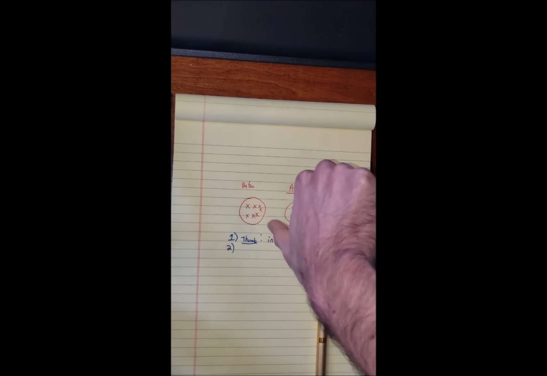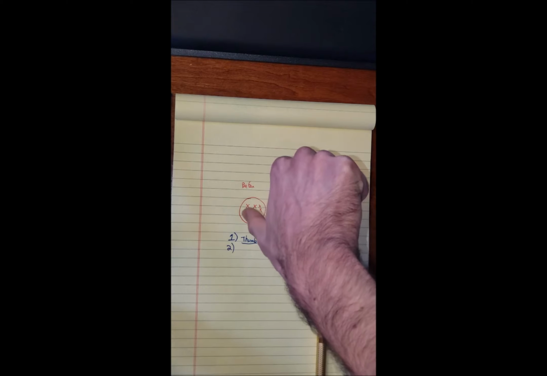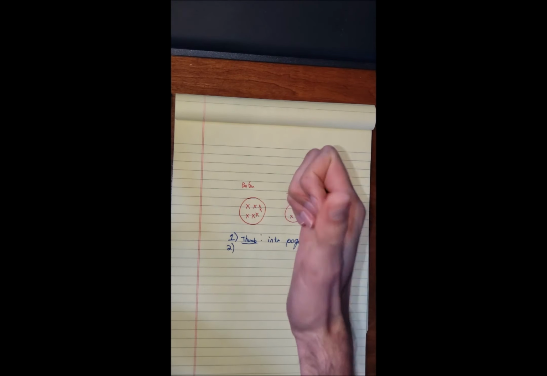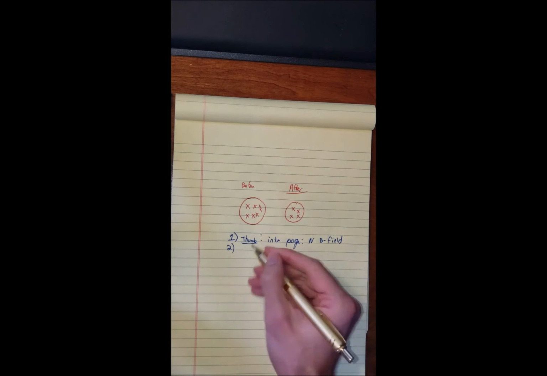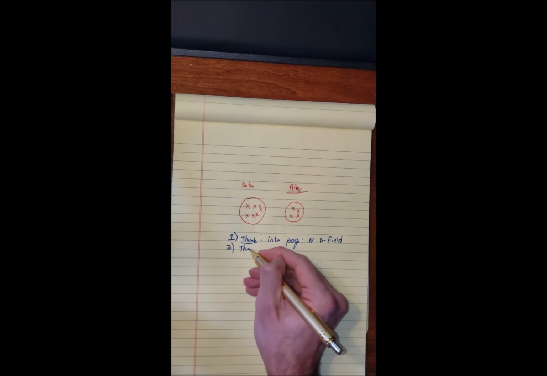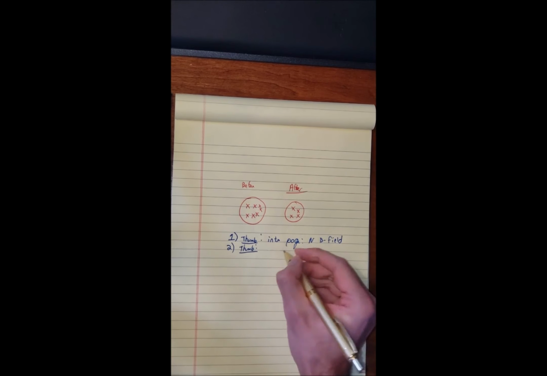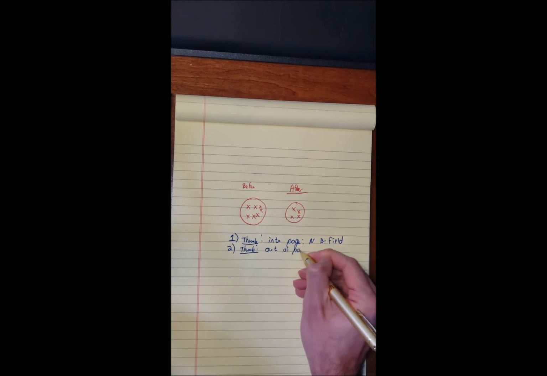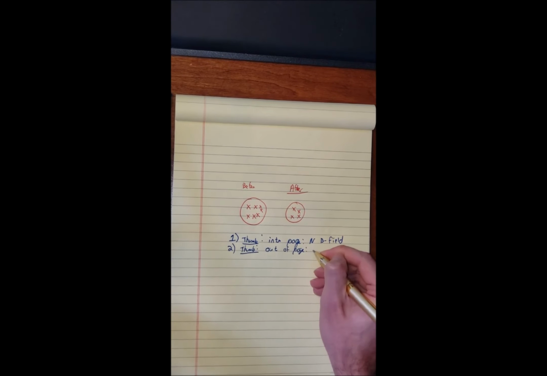So if our thumb is going into the page, we then have to flip it because it's decreasing. So now our thumb is going out of the page. So our thumb goes out of page. And that's because the change in the magnetic flux is decreasing.